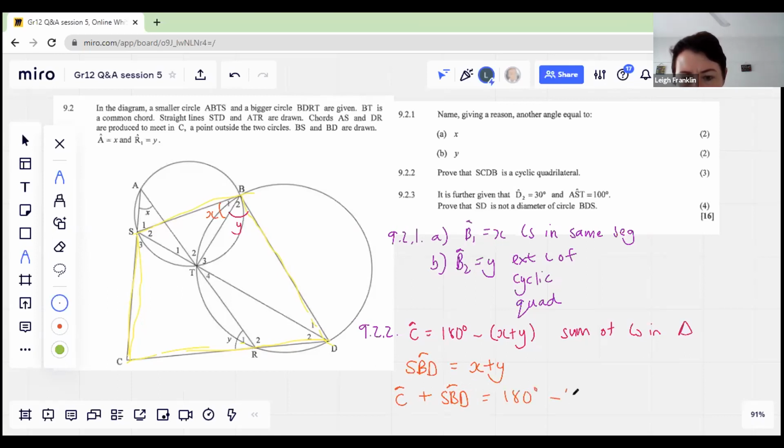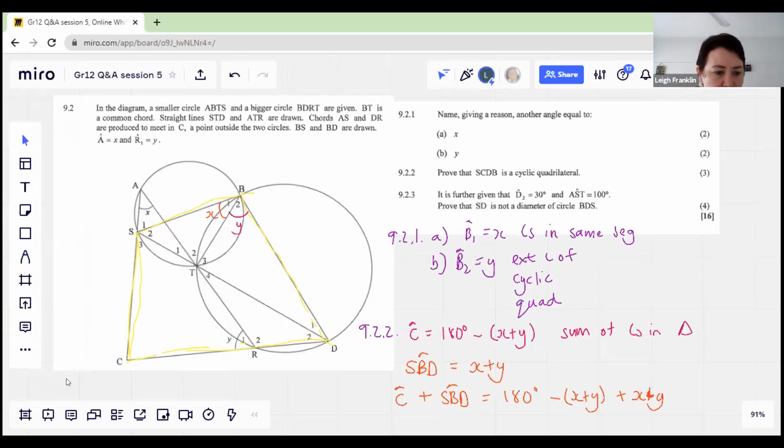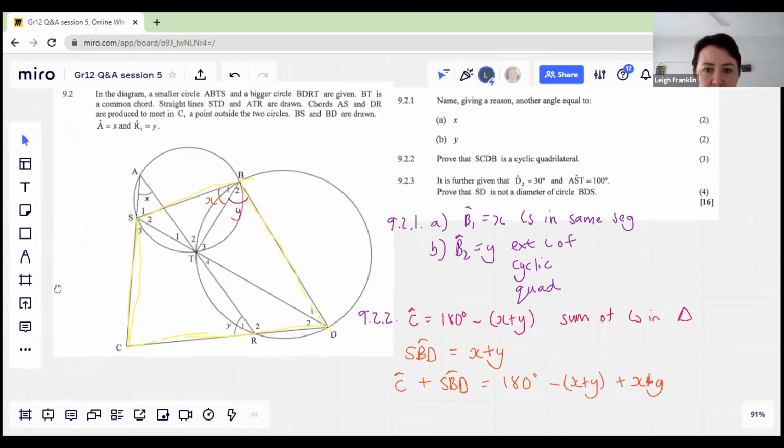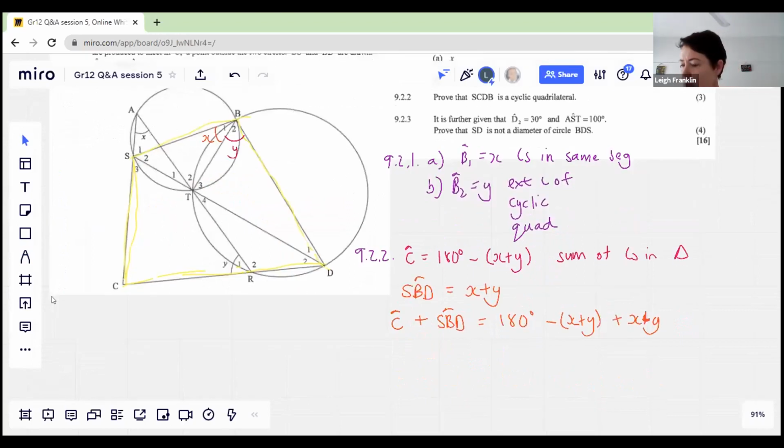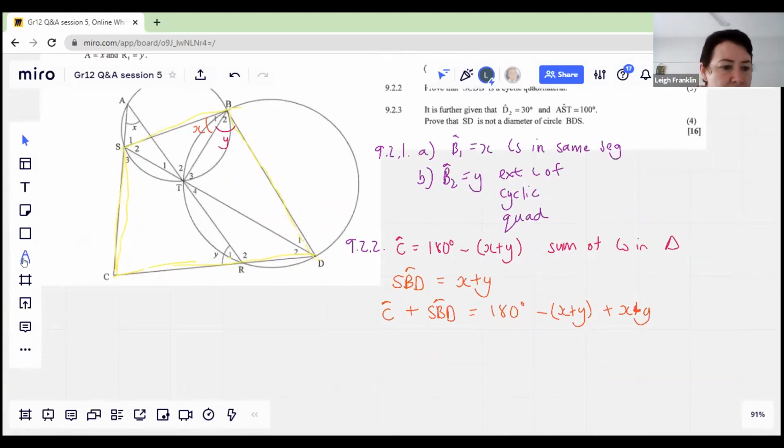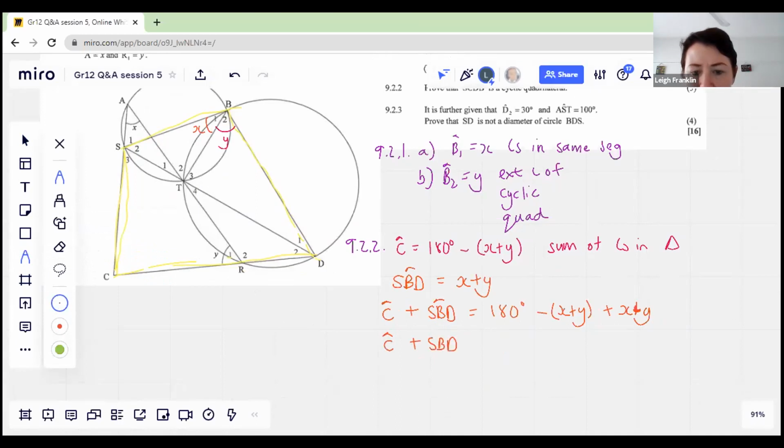So in other words, if we now take angle C and add angle SBD together, we will get 180 minus (X plus Y) plus X plus Y. Which means that angle C plus angle SBD is equal to 180.